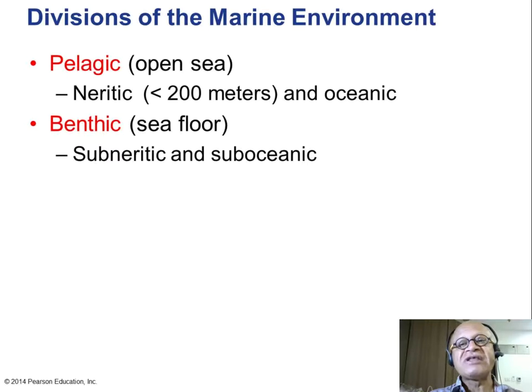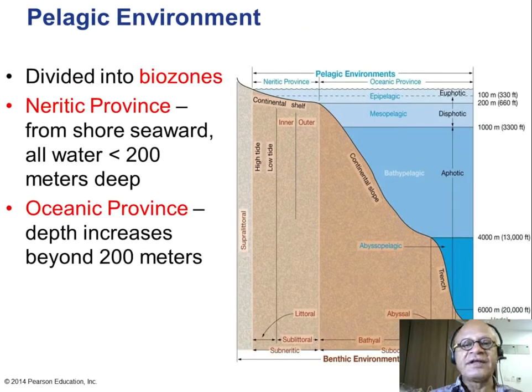So the marine environment is divided into pelagic, open ocean, which has neritic and oceanic. Neritic is basically less than 200 meters, which is generally the shelf area, and benthic, which is the seafloor. It has subneritic and neritic, so the biozones, here it is.